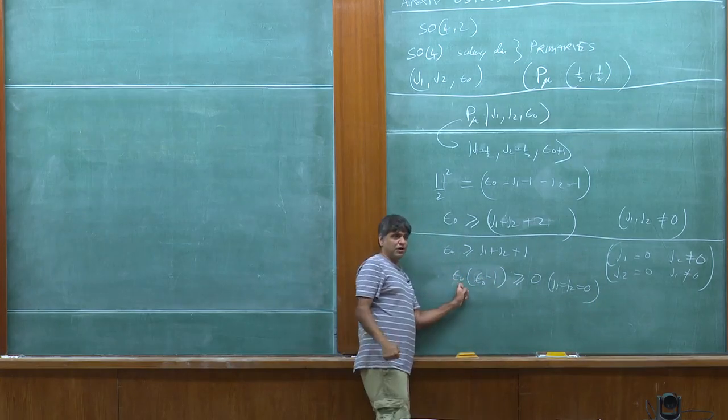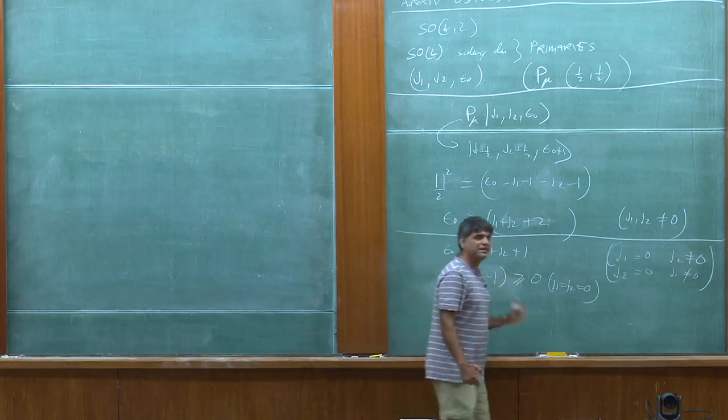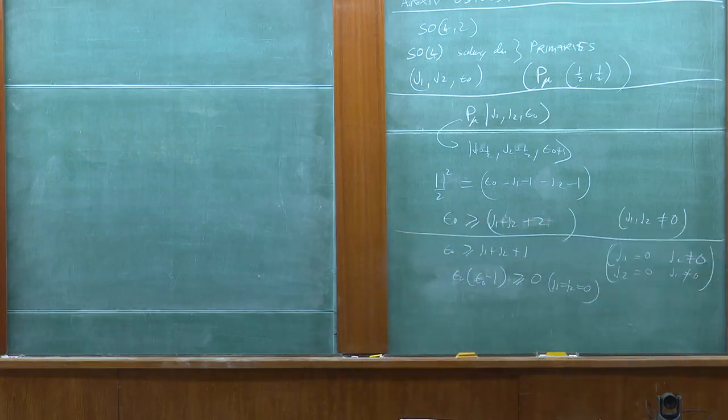So either epsilon naught is equal to 0, that's the identity operator, or epsilon naught is greater than or equal to 1. This is something that we've seen previously, right? The scaling dimension for a scalar field always has to be greater than or equal to d minus 2 divided by 2. So this is the full set of unitarity constraints in 4 dimensions that follows from the conformal algebra.